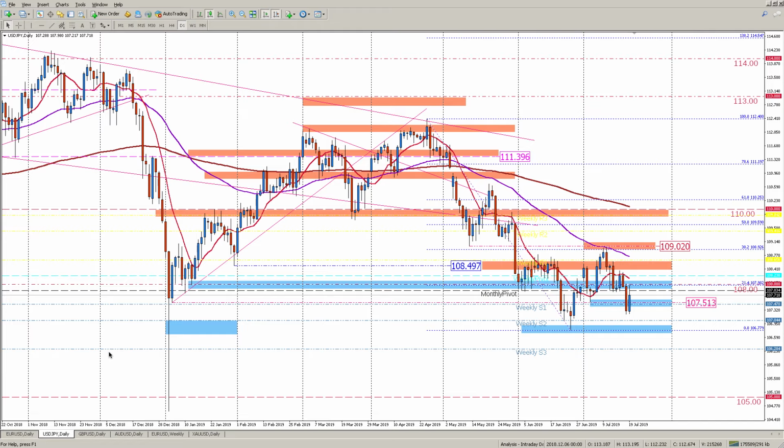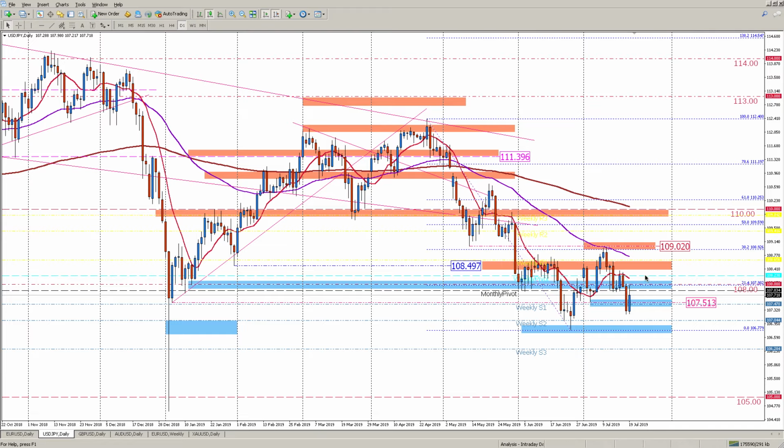We are taking a look at the weekly outlook for the dollar yen. And for last week there was a bearish continuation move from the previous week, where this was the close, and after a slight retracement back to the weekly pivot level, it fell for a couple more days before finally retraced back up slightly.